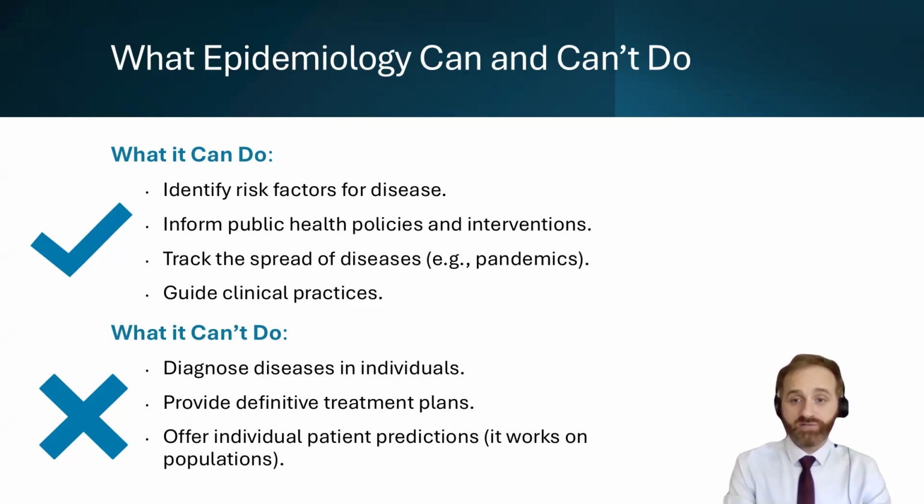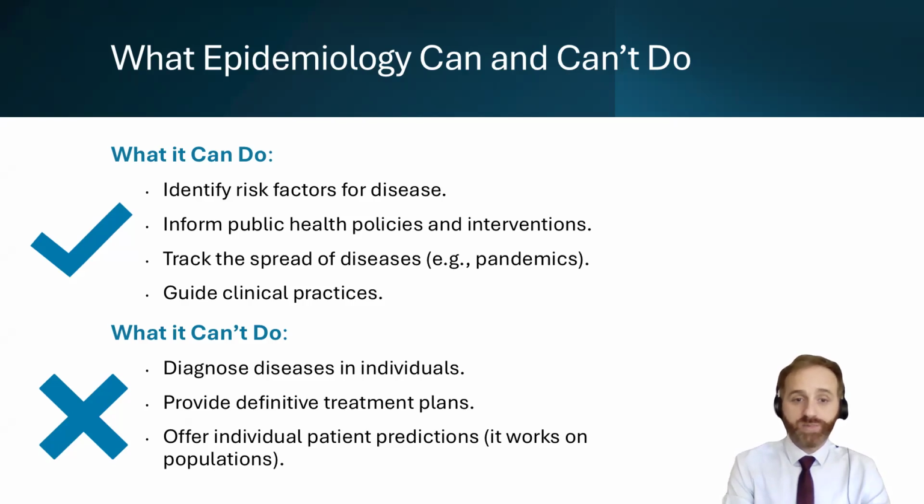However, epidemiological findings and data can contribute to aligning our decisions and help treat our patients individually, but there is no direct involvement of epidemiology when it comes to treatment plans. Also, epidemiology does not offer individual patient predictions, such as what might happen or the likelihood for this patient. It is all about the population and the greater community.